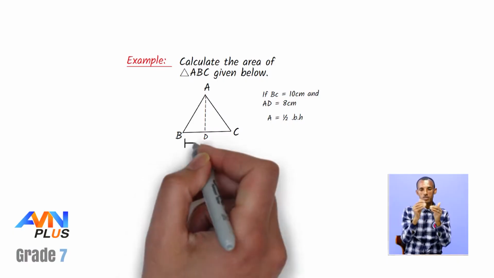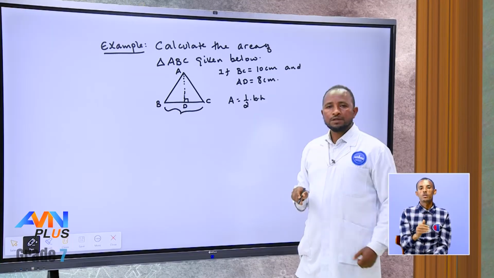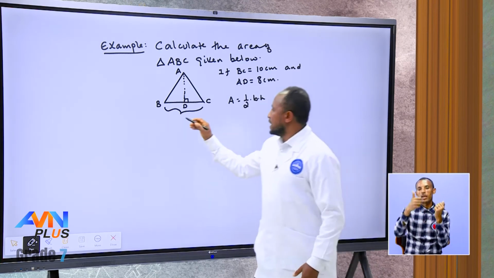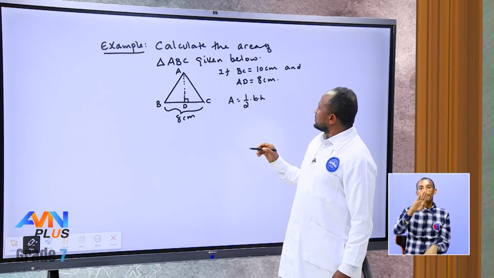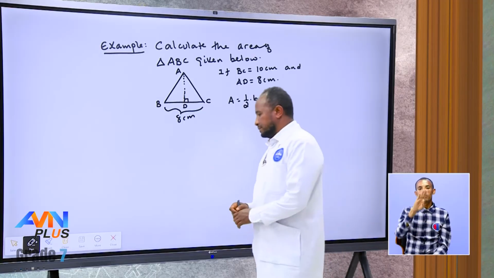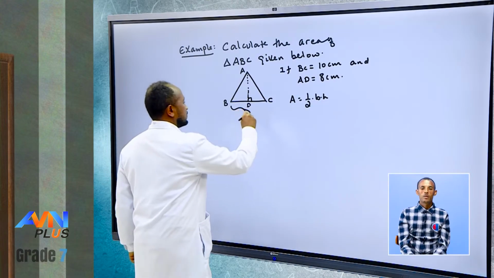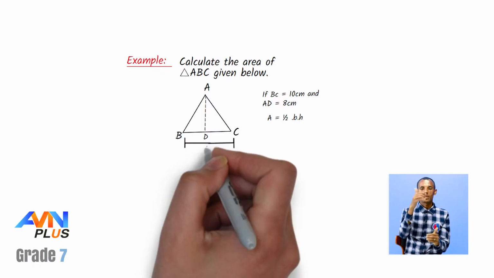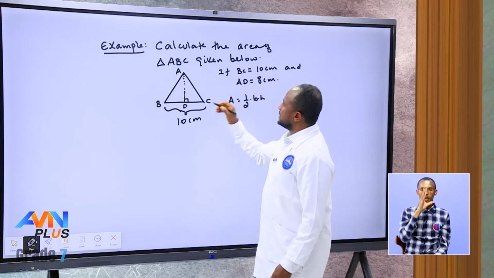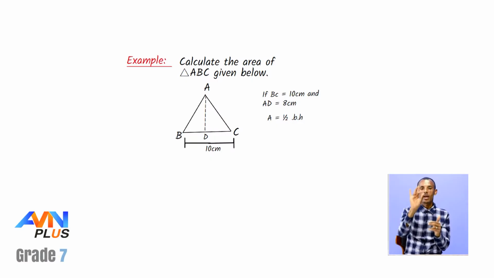BC is this distance, the base, which is 10 centimeter, and AD is given to be this 8 centimeter.